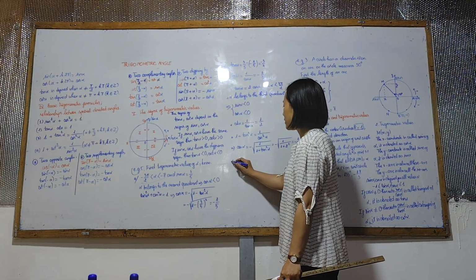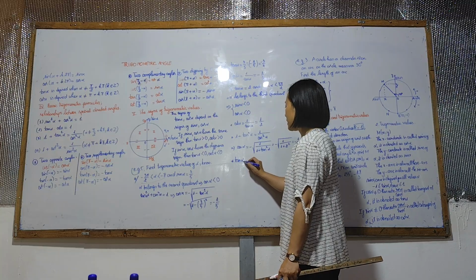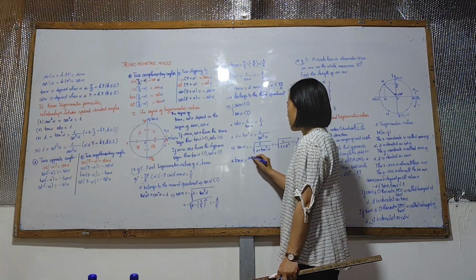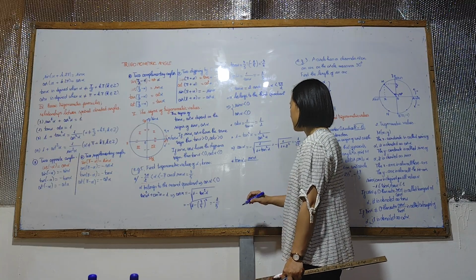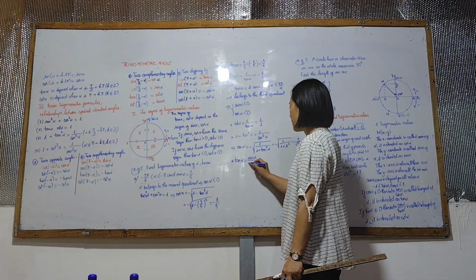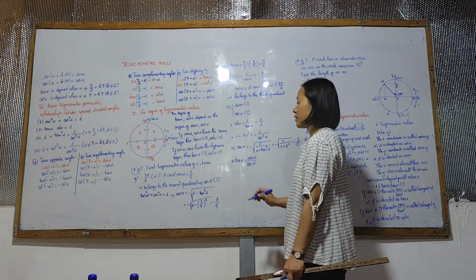And we can use this one: tangent alpha equals sine alpha over cosine alpha.